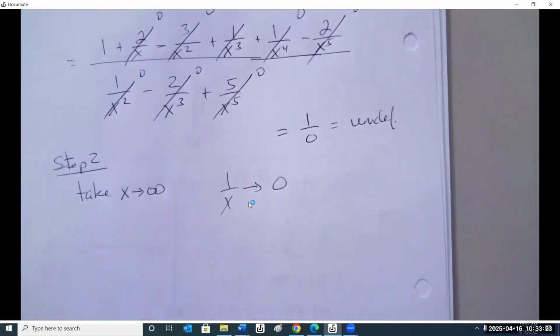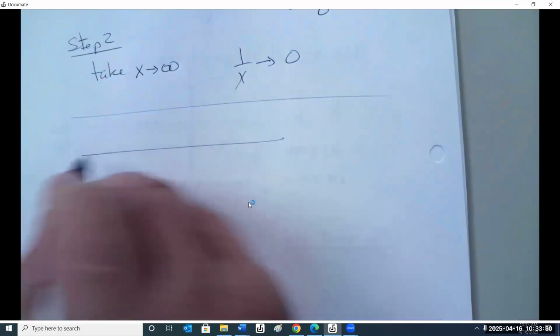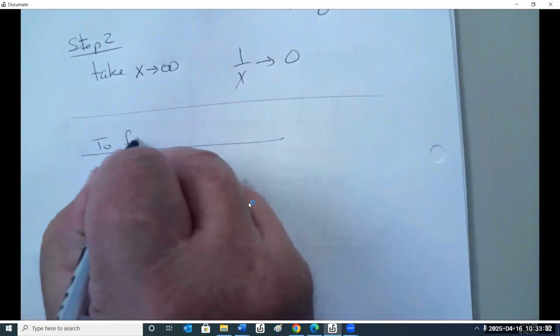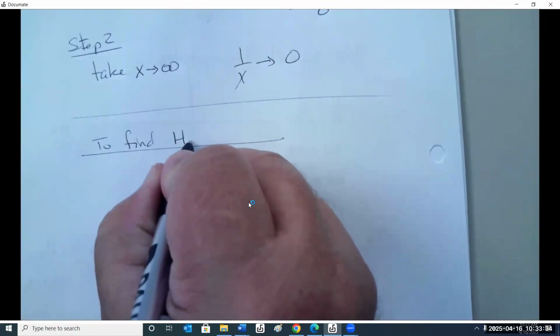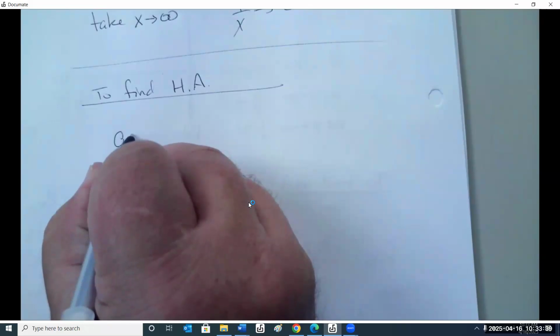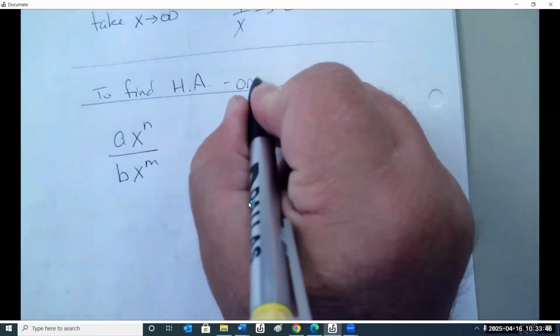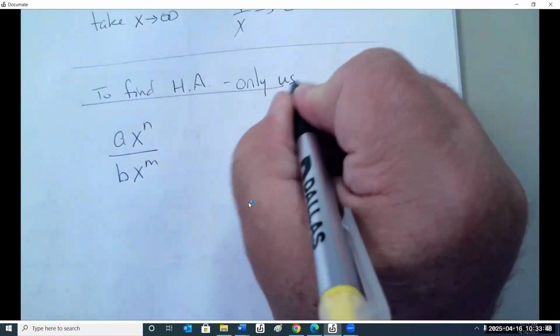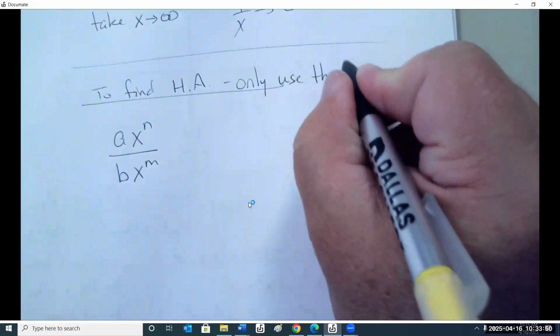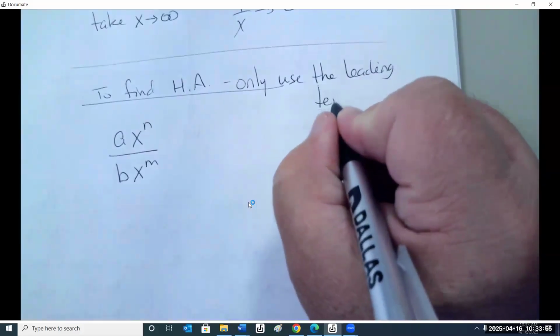All right, so that's what's happening. So to find the horizontal asymptote, we only look at the leading terms. Only use the leading terms.